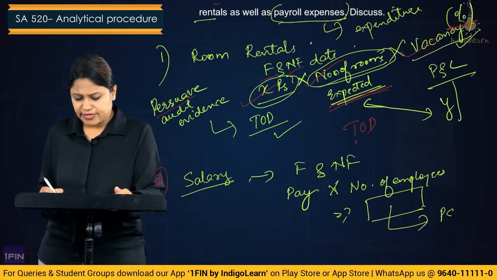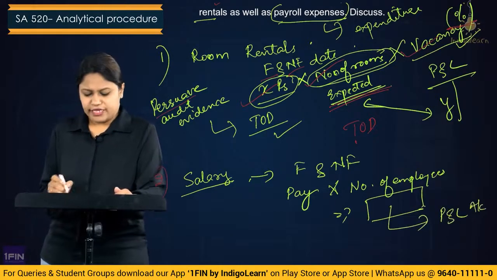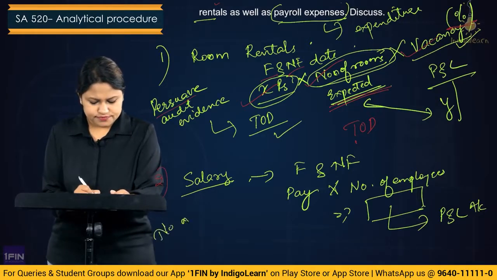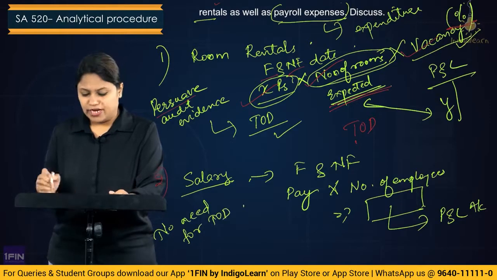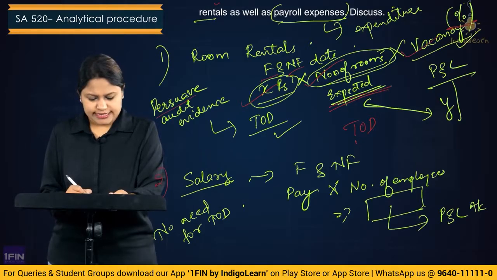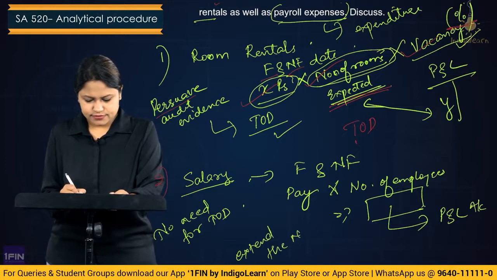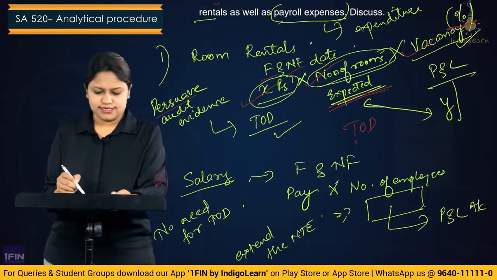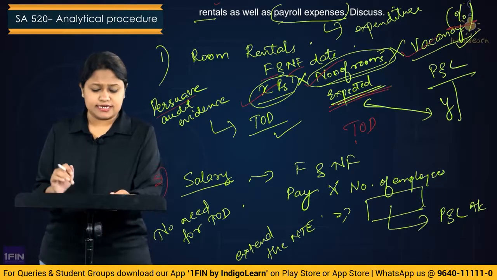This we again compare with the P&L account items. If it is matching, we are okay with it, and we will say no need for test of details. But if you find it to be unreasonable, with unusual fluctuation, then yes, we will extend the NTE. Correct?